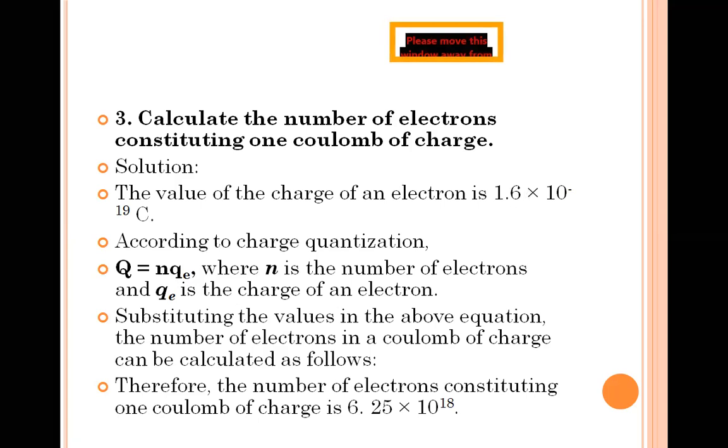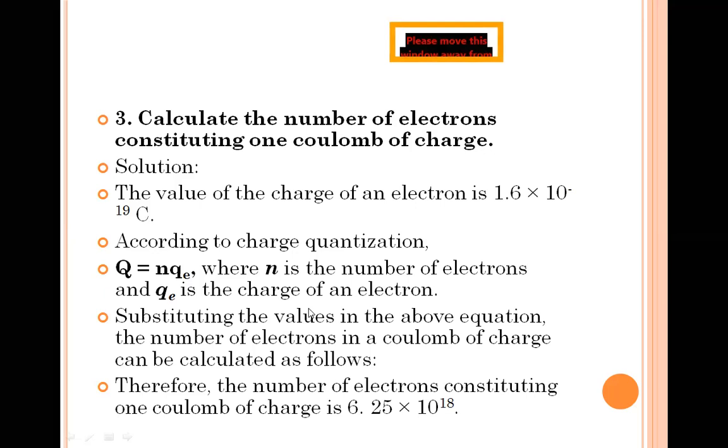So according to charge quantization, charge can be added. We can add as many charges as it is. Quantization you have learned in maths, addition of so many numbers. So Q is equal to N times e, means N times a single charge. N is the number of electrons, e is the charge of an electron.